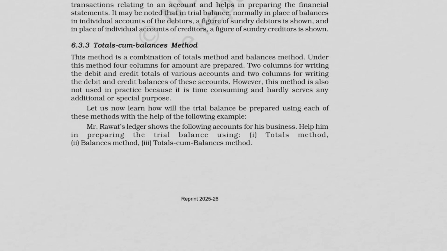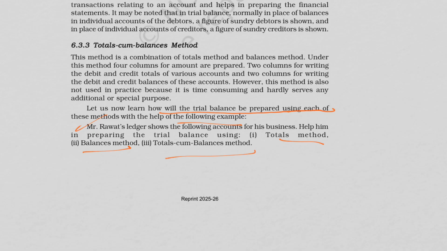So let us now learn how the trial balance is prepared using each of these methods with the help of the following accounts. We have Mr. Rawat's ledger, which shows the following accounts for his business. Help him in preparing the trial balance using the totals method, the balances method, as well as the totals cum balances method.